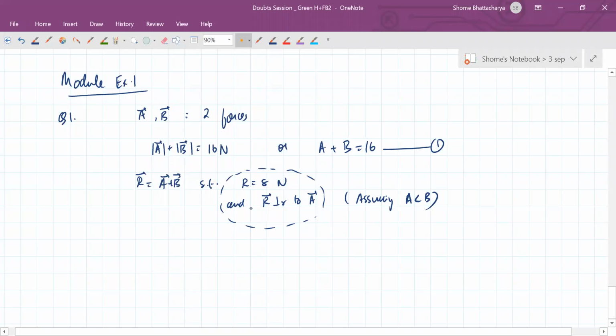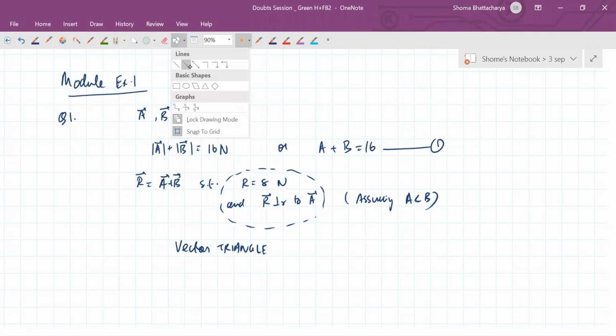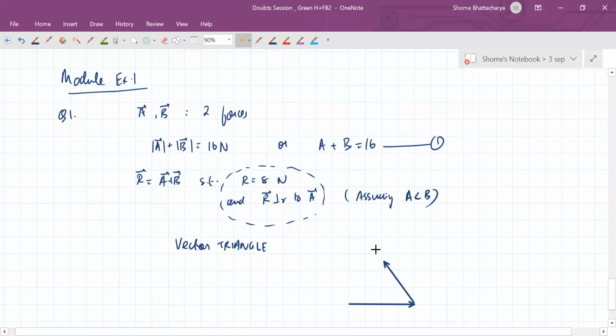let us draw a vector triangle. So when we draw that vector triangle, it should be such that if this is the vector A, then the vector B should be something like this, so that the resultant is perpendicular. Getting it?